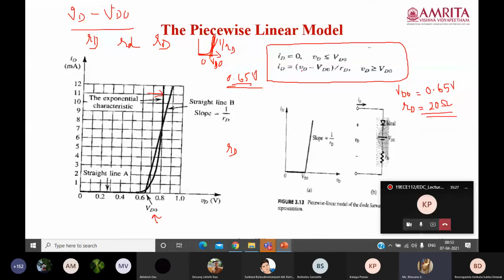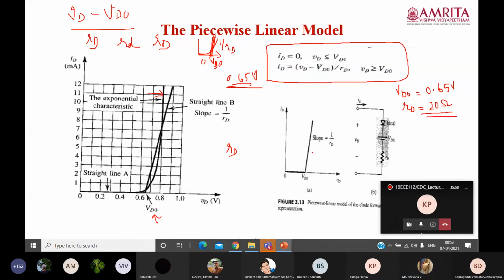So ID equal to 0 for VD less than or equal to VD0, and ID equal to (VD minus VD0) divided by rD for VD greater than or equal to VD0. Is the concept clear? If you take the pieces, it appears to be a linear characteristic. That's why it is called the piecewise linear model.